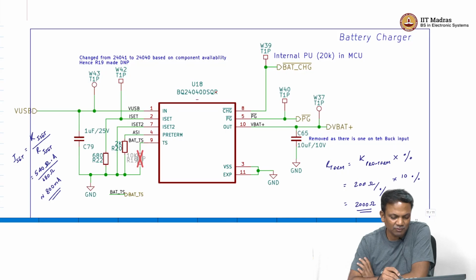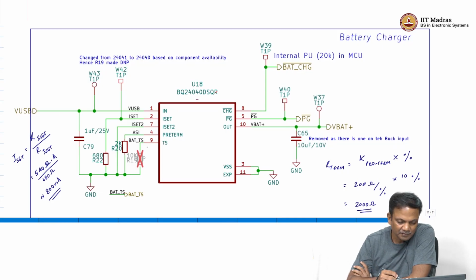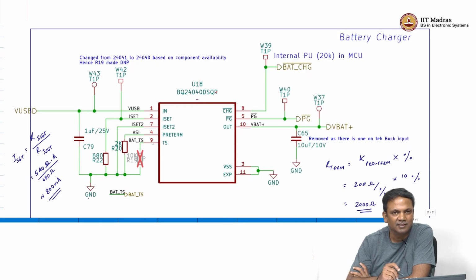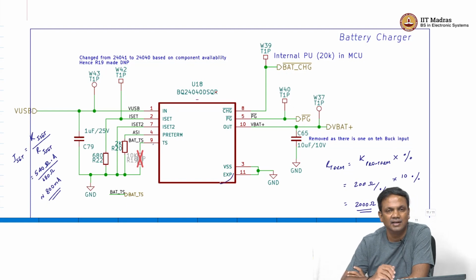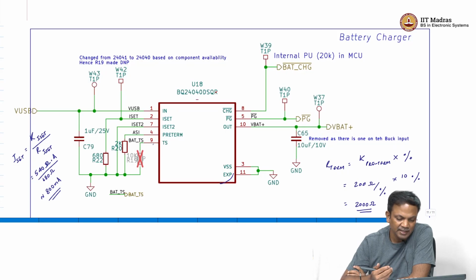Now, we have two options for the temperature sensor. If we are going with the 3 terminal battery, then we connect the third terminal to pin 9 of this SOC, so that the temperature sensing function can be used. In cases where we do not want that function, suppose we have a variant of that product, we have the provision to add a 10K resistor and take it to ground.